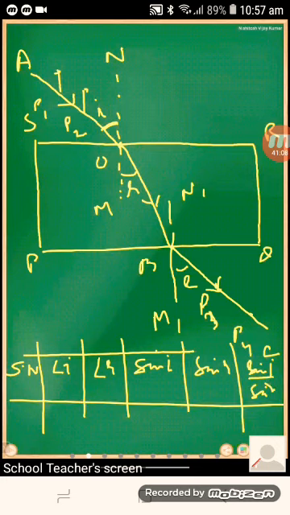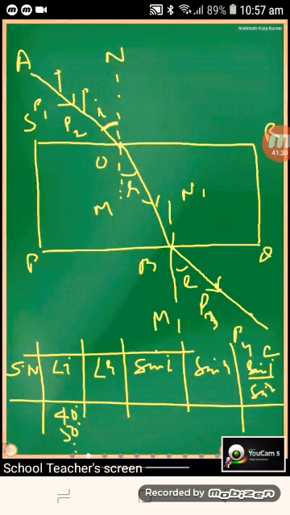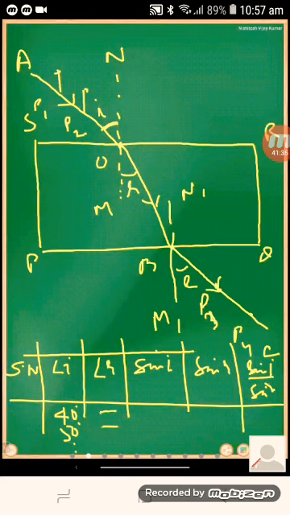These are the columns which we make for the different values of angle of incidence, say 40 degree, 50 degree, 60, 70, and so on. Maximum of 5 readings we take. So for different diagrams we will be drawing with a different angle.